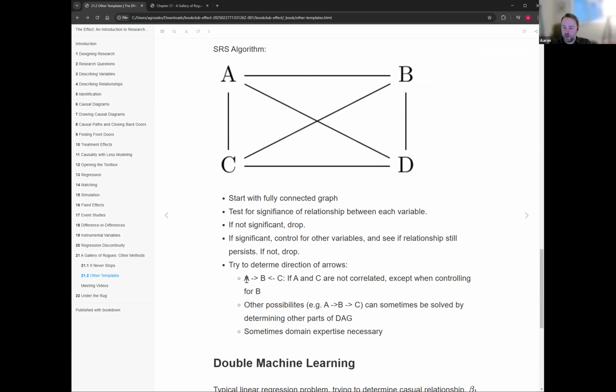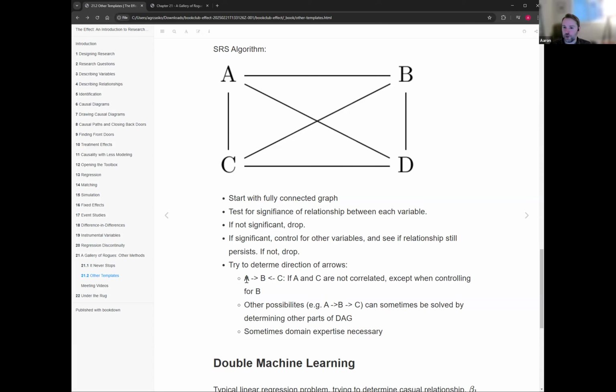That gives you enough information to fill in the directional relationship in other areas. But my understanding is that in most cases you still won't be able to find the full nature of the relationship in a complex diagram, but it's a good starting point. And with domain expertise, it may be enough to get you going with a really good starting point for your DAG.